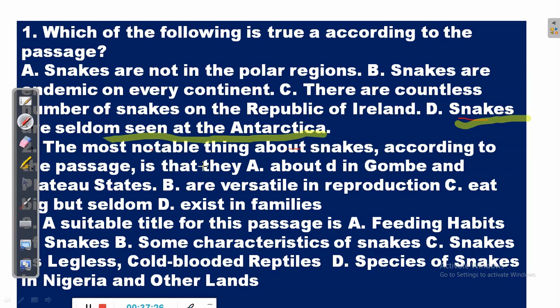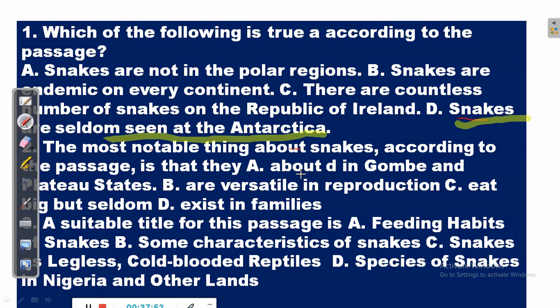Question number 2. The most notable thing about snakes, according to the passage, is that they abound in Gombe and Plateau states. We can beat our chests and conclude that this is really not correct, because Gombe and Plateau states were mentioned in the passage just as an afterthought or in citing examples.